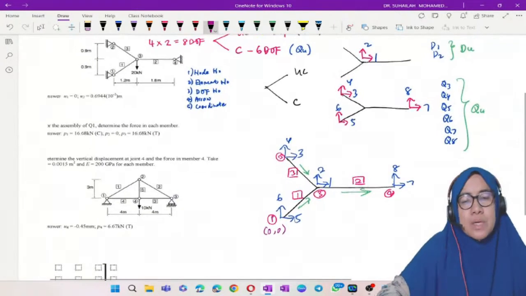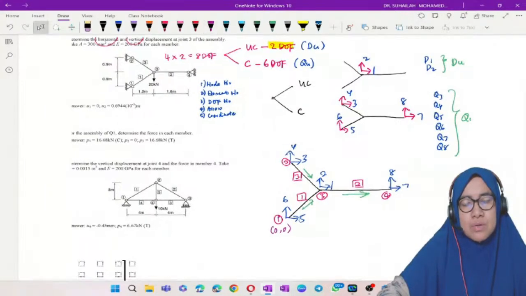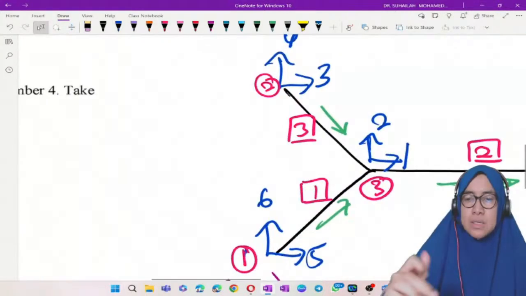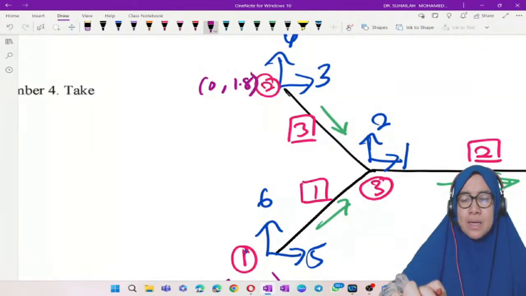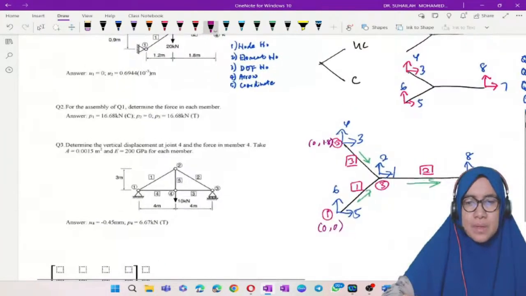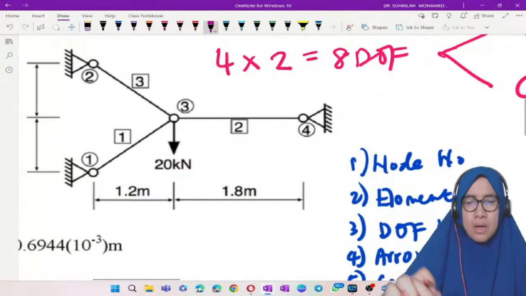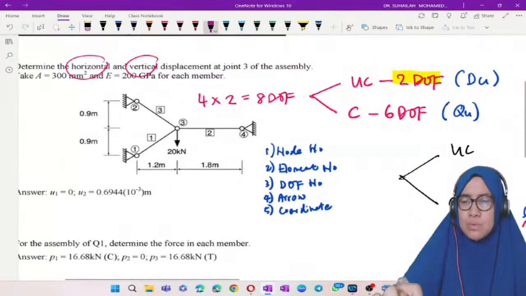Okay, so we have 0, 0. Then we have 0, 1.8. So here is 0, 1.8. Then we have 1.2, 0.9.